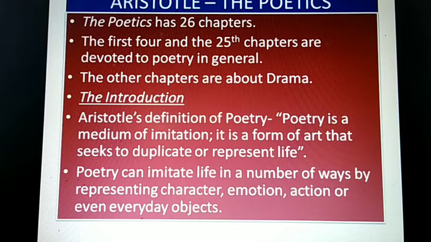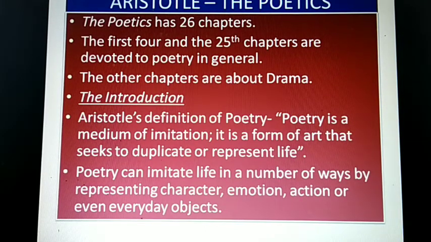The Poetics should have been a big text, but we lost many of the chapters of the manuscript, and the manuscript available to his students was of just 26 chapters.